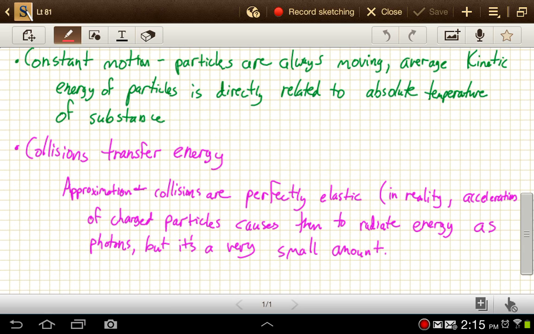And so that's energy that's in a form not kinetic energy. And so actually we do have a little bit of energy that's sort of leaking out of our system in the form of photons, but it's going to be such a small amount that we'll just make the assumption that the collisions are perfectly elastic. And again, this is mainly to simplify our math later on.